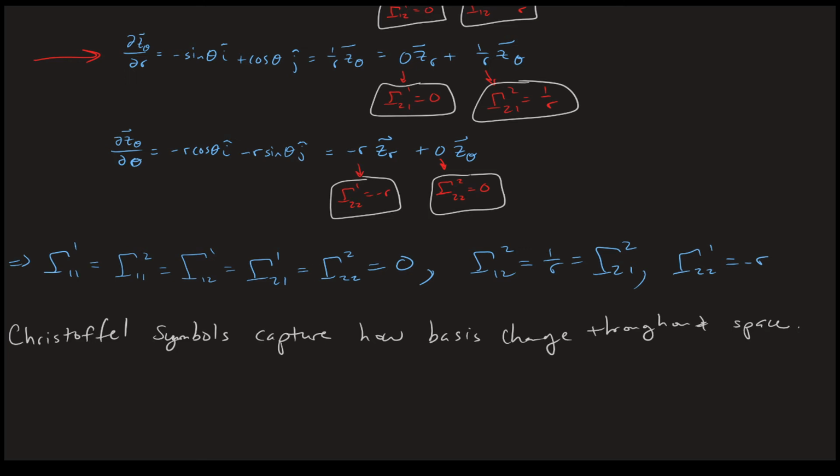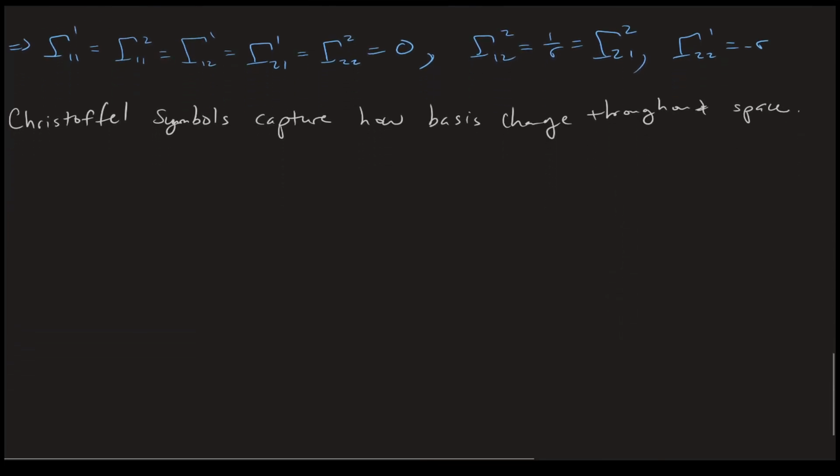That's exactly what the Christoffel symbols are. Let's see, I call it the Christoffel symbols of the first kind. So note, if I want to get gamma i, j, k down, all I would need to do is lower the index. So I could do gamma i, j, l up times g, l, k down. And we call those Christoffel symbols of the first kind.